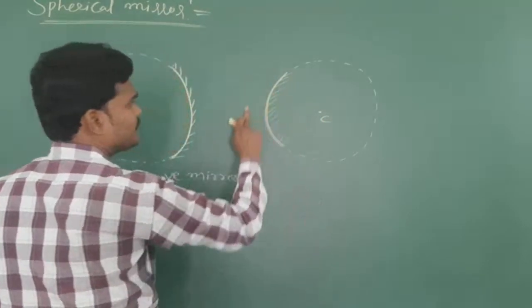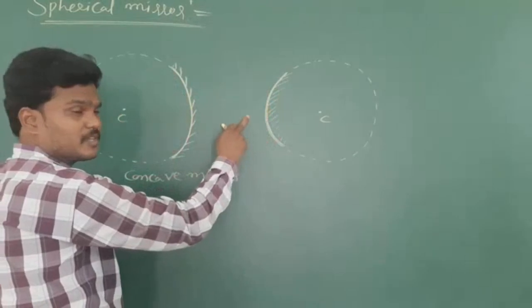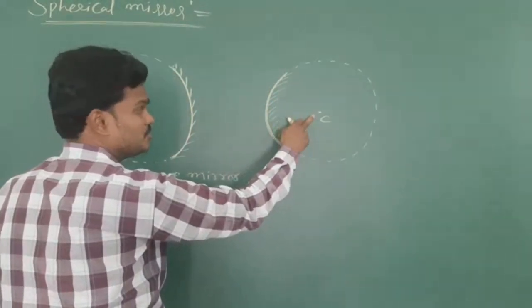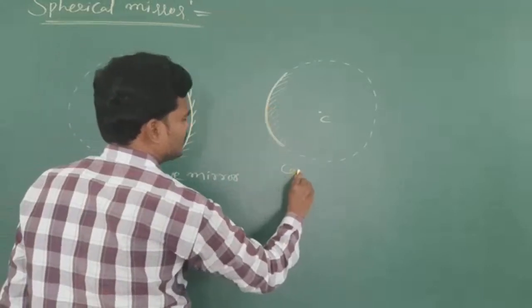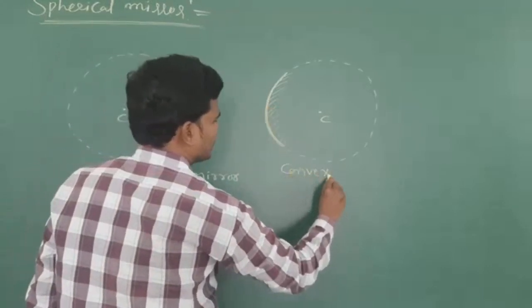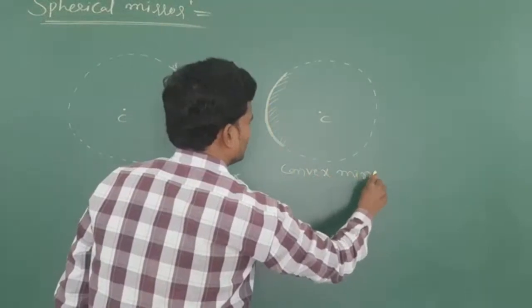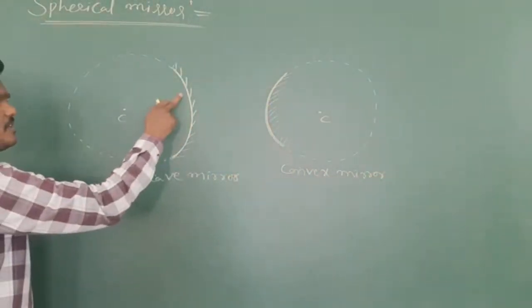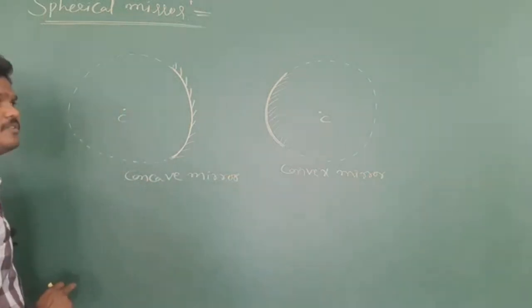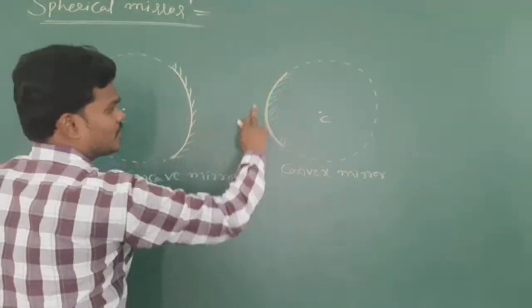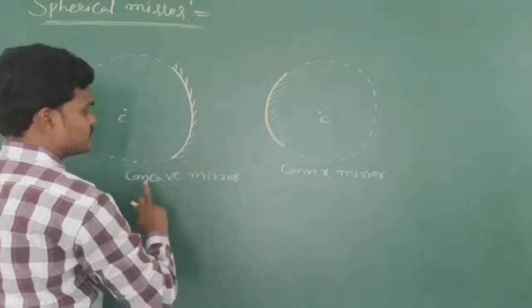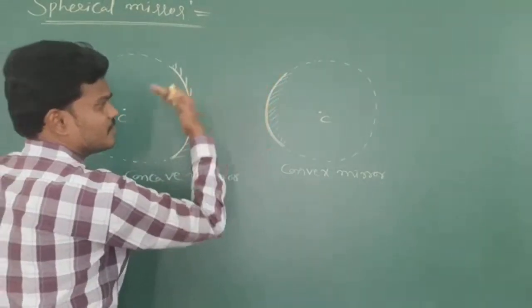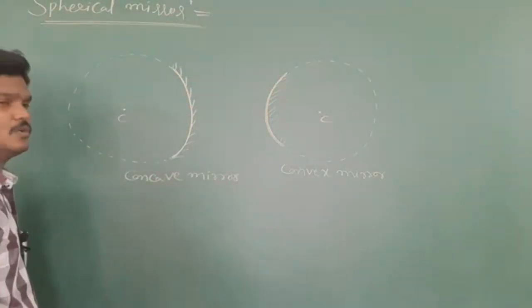If the reflecting part is away from the center of the hollow sphere, then this is said to be a convex spherical mirror. So in a concave spherical mirror, the reflecting part is towards the center of curvature. In a convex spherical mirror, the reflecting part is away from the center of the hollow sphere.